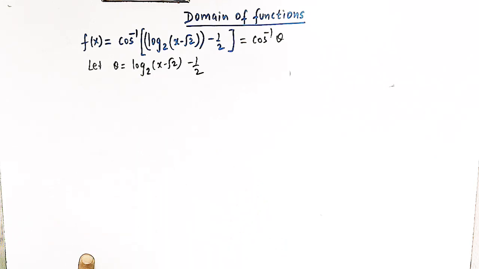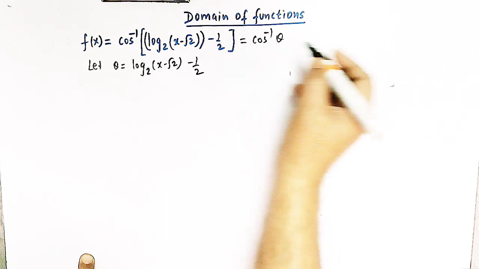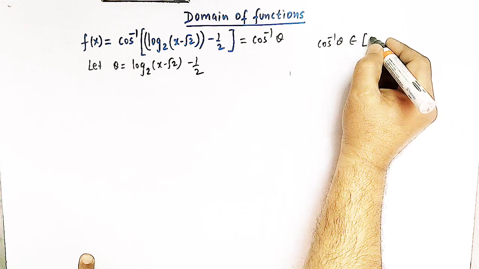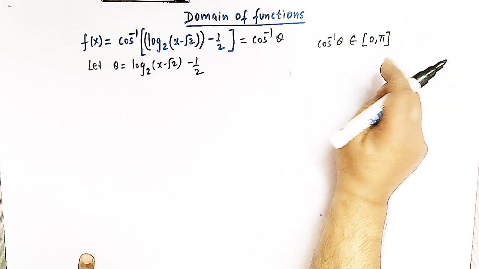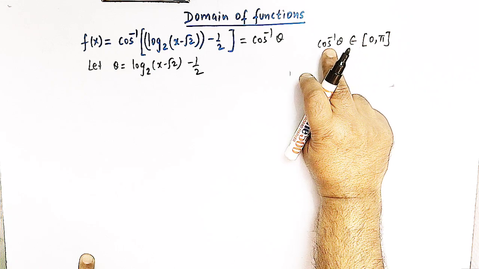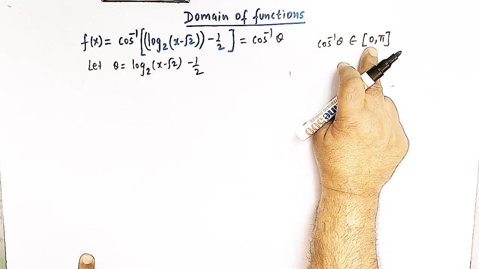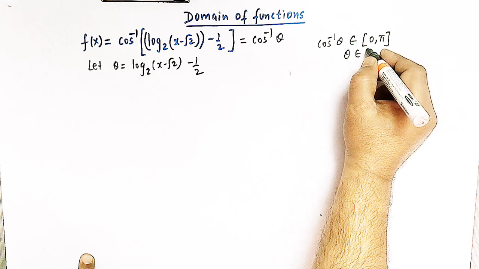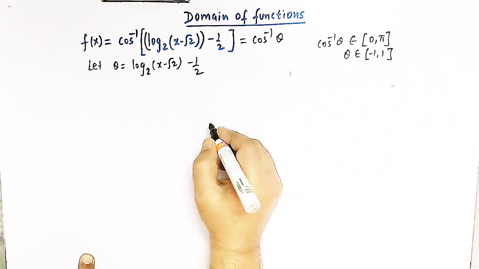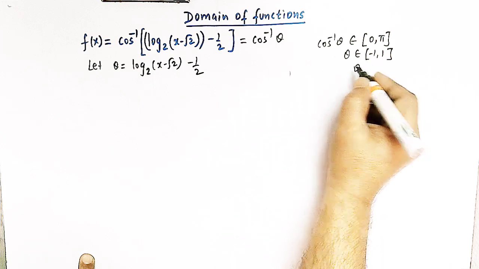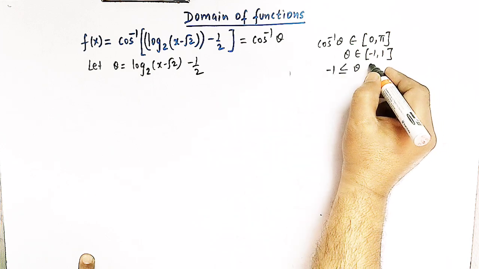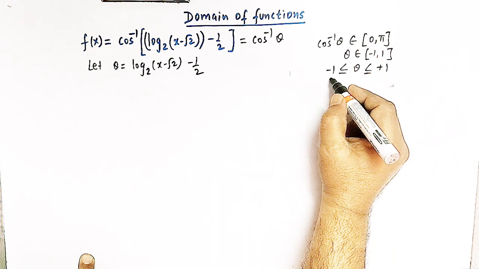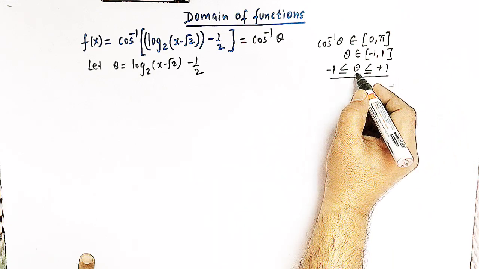Now from inverse trigonometric functions we know that cosine inverse theta belongs to the closed interval 0 to pi, that is, the range of cos inverse theta is from 0 to pi, provided theta belongs to the interval minus 1 to 1, that is, theta is greater than or equal to minus 1 but less than or equal to plus 1. So let us make use of this inequality.